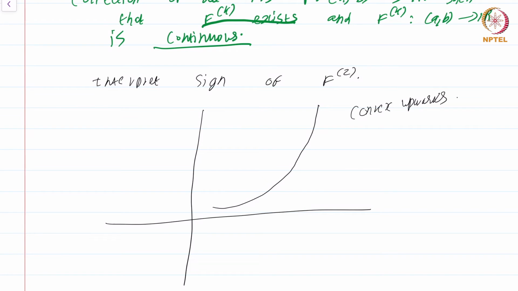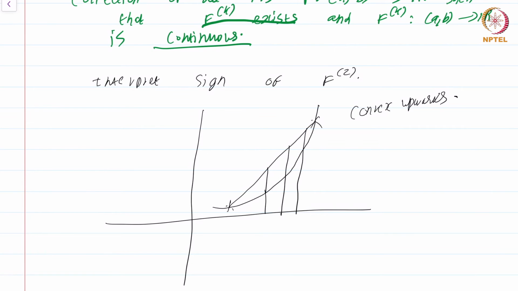All of you are familiar with convex and concave lenses. This is called convex upwards. This just means that if I take 2 points on the curve and consider the line joining those 2 points, then the curve lies beneath that line always, at all points.